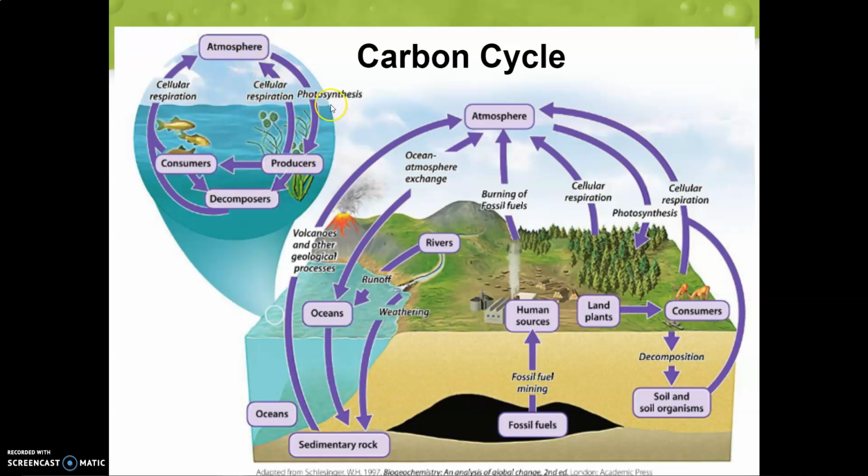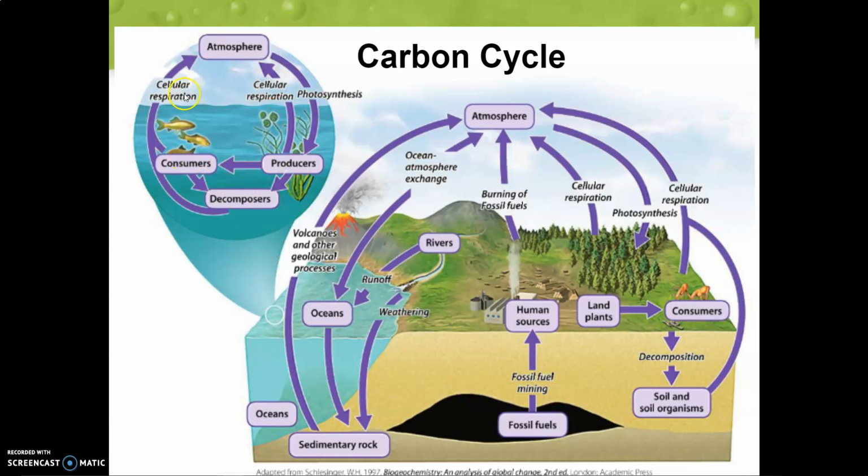So carbon is being cycled through photosynthesis for plants, cellular respiration for plants and animals. And remember, our producers create their own energy. Consumers have to consume or eat an organism to get their energy. And if they're not consumed, they can become decomposers, like that bacteria that helps break down any organic matter.